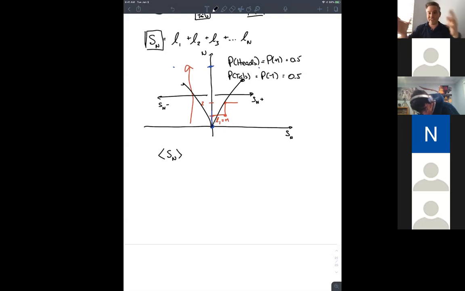No matter where my random walker goes, because of the symmetry of the problem, I'm equally likely to find another one that's gone the same distance to the other side. And because this side is positive and this side is negative, on average, we're not going anywhere. Okay, does that make sense?